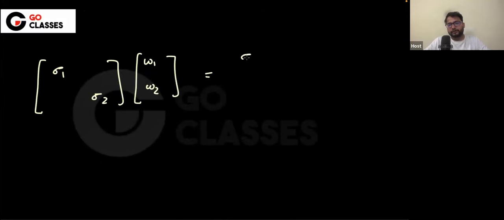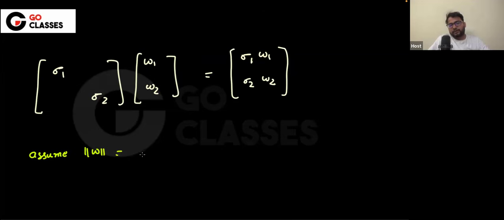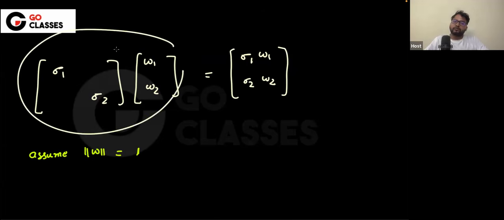You will get sigma 1 w1, sigma 2 w2, right? Assume it could be any length, it doesn't matter, but assume this length of w, to start with, is 1. Now what is the length of this sigma into w?